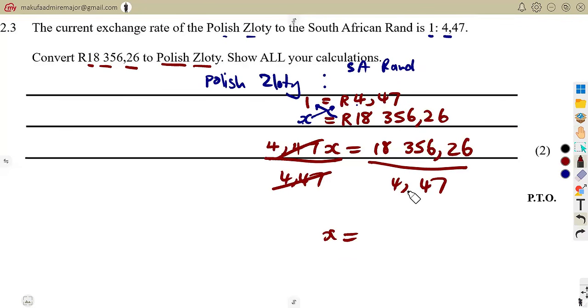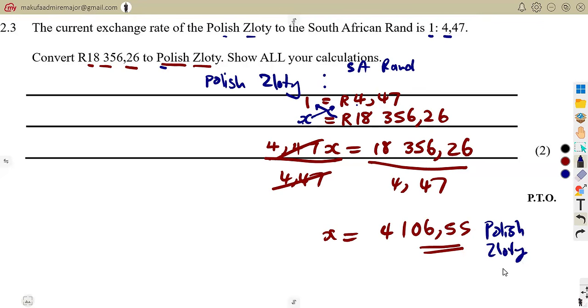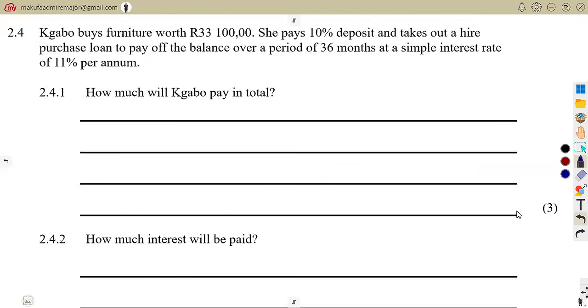So you have to play around with your ratio in a proper way. That was going to give us 4,106,55 to 2 decimal places. Make sure that you just use your calculator. All right, so that is the amount in Polish zloty. So that is what you're going to obtain for 2 marks, guys. For 2 marks, I think it's just enough.